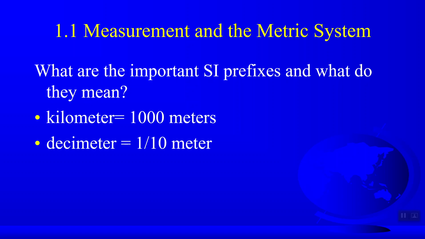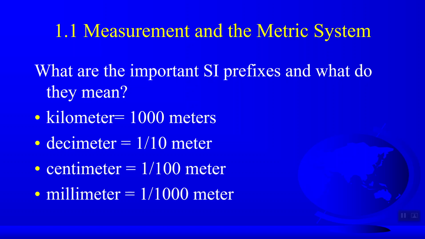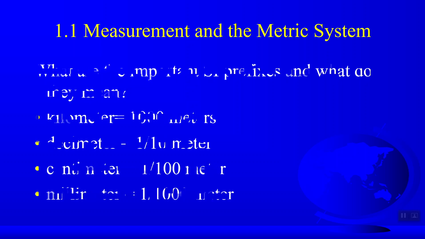We're going to use decimeters a lot. So there are 10 decimeters in a meter. A centimeter is 1/100th of a meter. So there are 100 centimeters in a meter. A millimeter is 1/1,000th of a meter. So there are 1,000 millimeters in a meter.